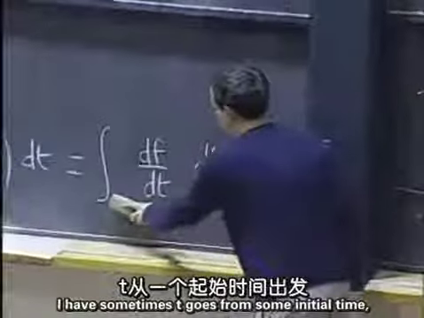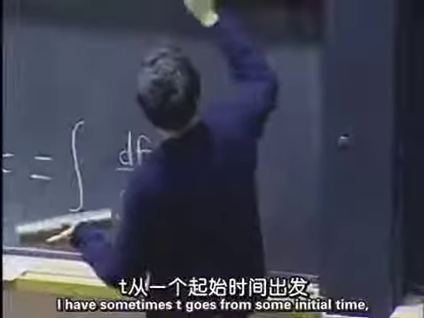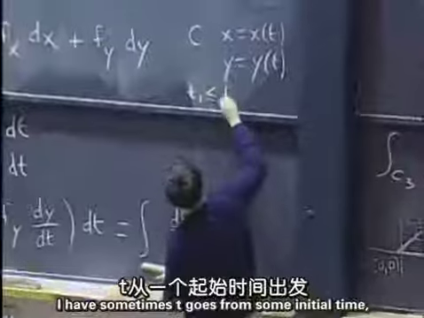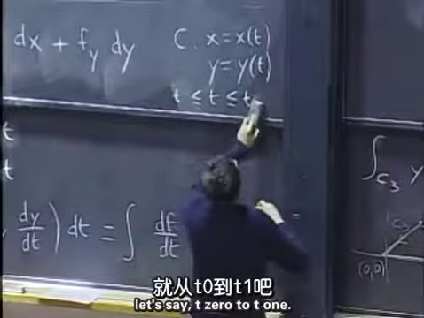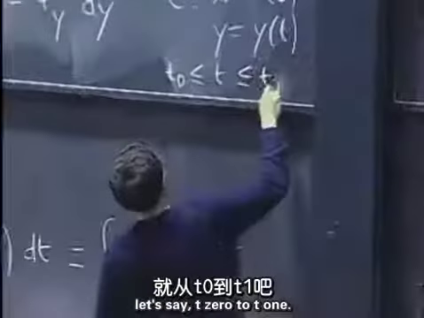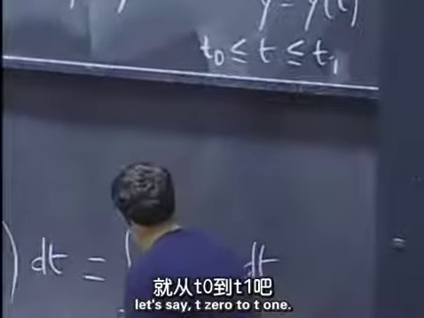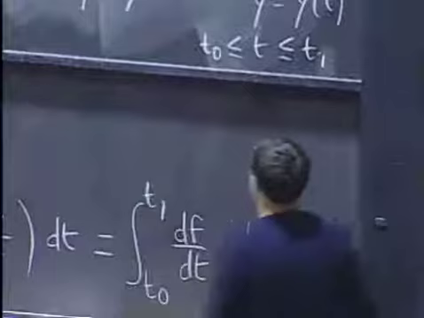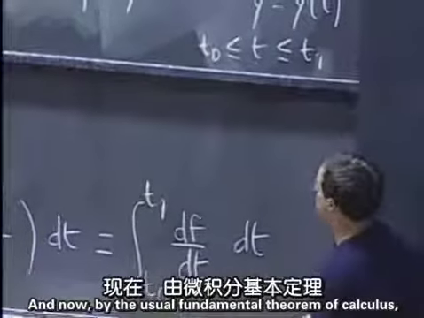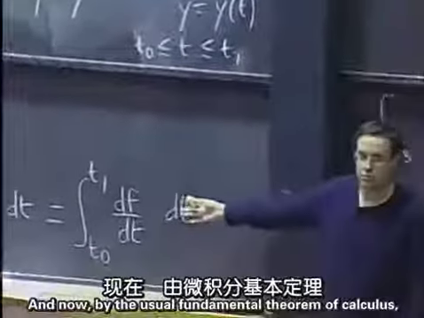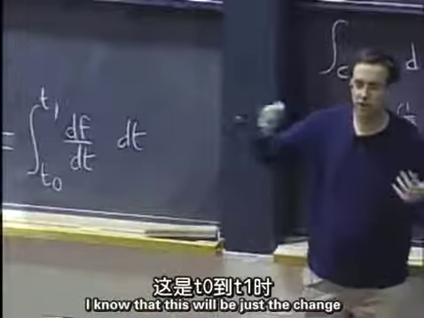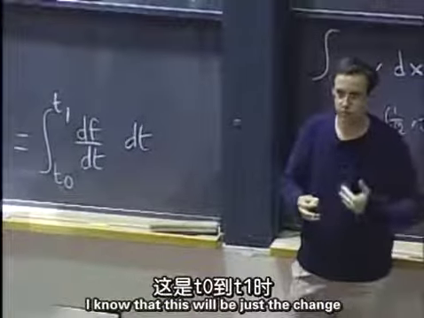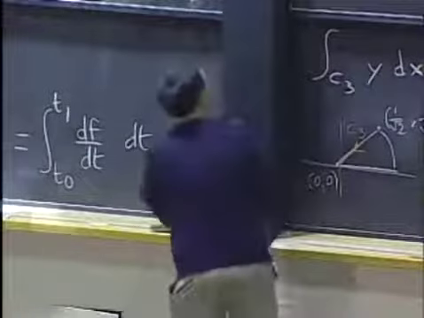And so maybe actually I should now say, t goes from some initial time, let's say t0 to t1, and now by the usual fundamental theorem of calculus, I know that this will be just the change in the value of f between t0 and t1.